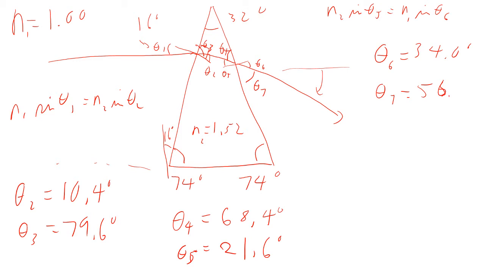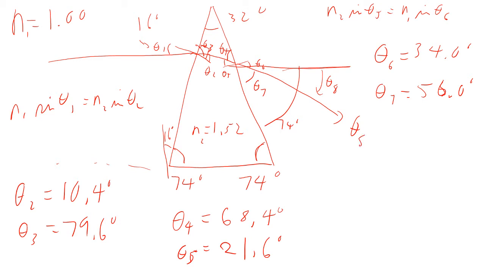So 56 degrees. Okay, but we want to compare that to what this would be. Well, this angle here is going to equal 74 degrees. So theta 8 is how far we are from the perpendicular.